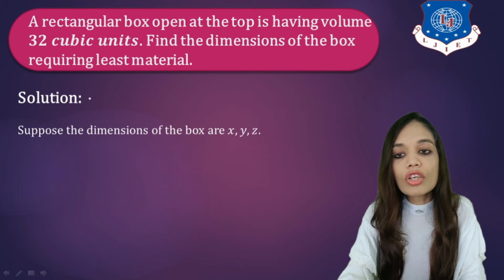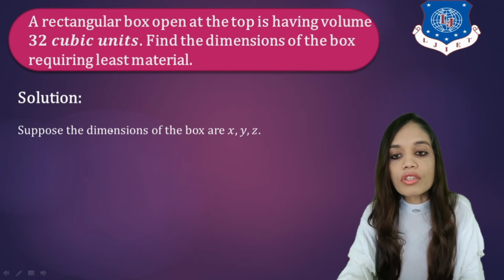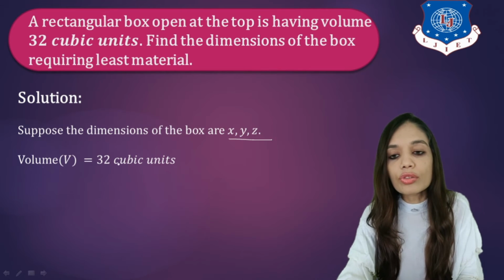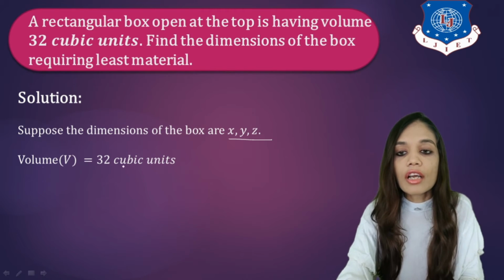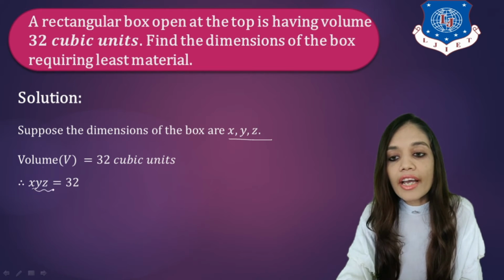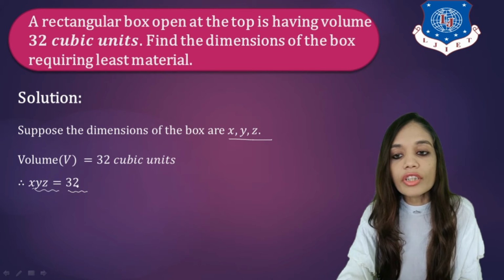Now let us go to the solution. We will suppose the dimensions of the box as x, y and z. And now we are given volume V is equal to 32 cubic units. Now volume of a rectangular box is given by xyz. Therefore xyz is equal to 32 units.